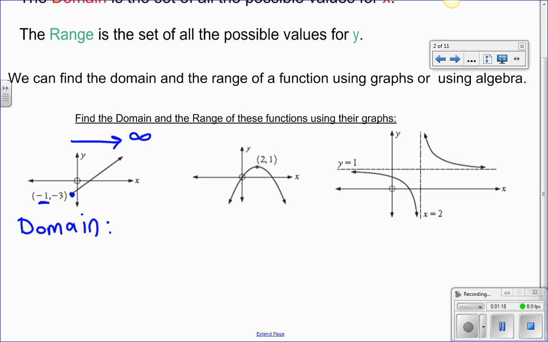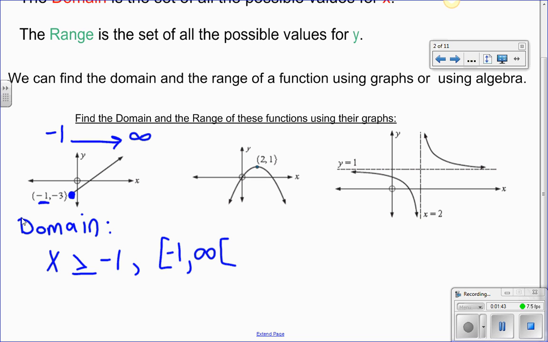So x starts at -1 and it goes towards infinity. So we can say x is greater than or equal to, because that point is filled in, -1, or we can say it's between -1 and infinity. And we include -1 because it is a filled in point, but we never include infinity.